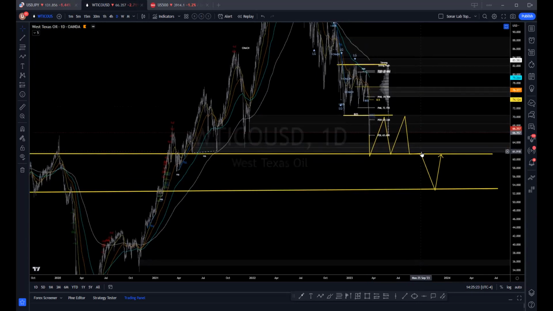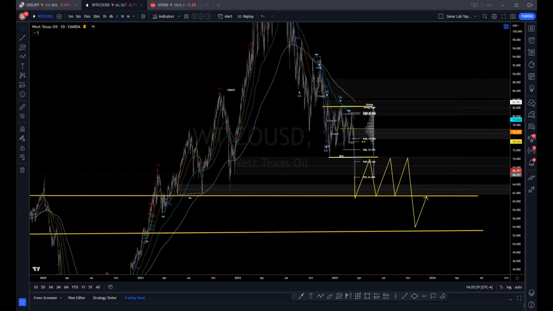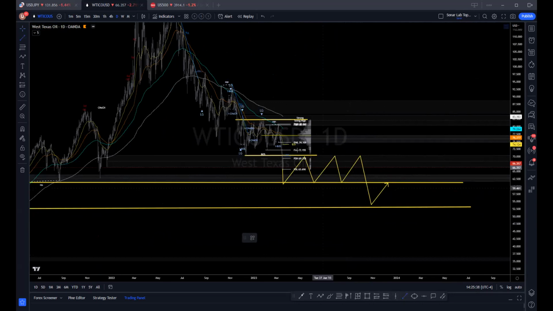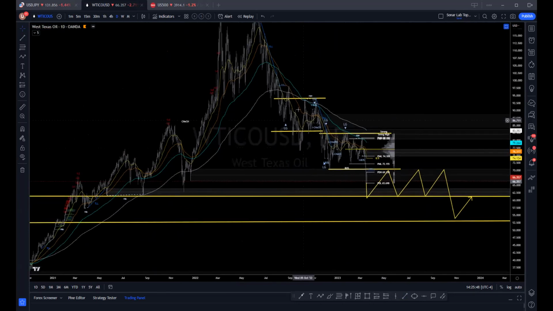Right, this is what I would be looking for before we come back down. You guys can see that type of pattern here. You see that?